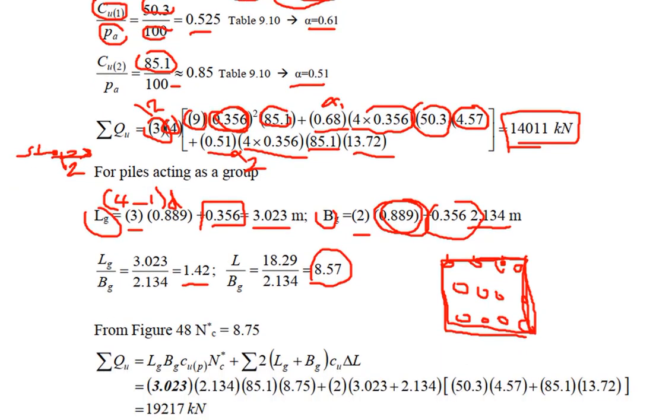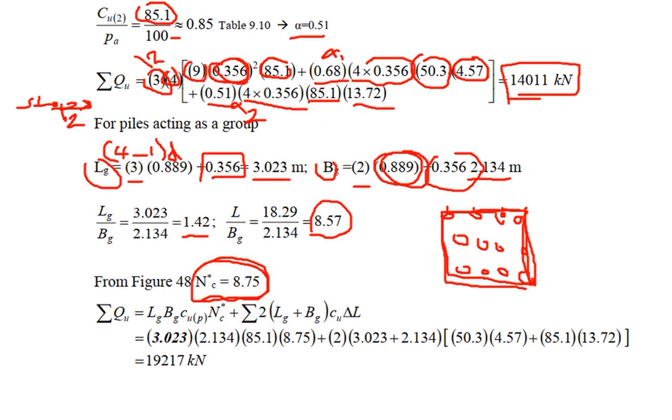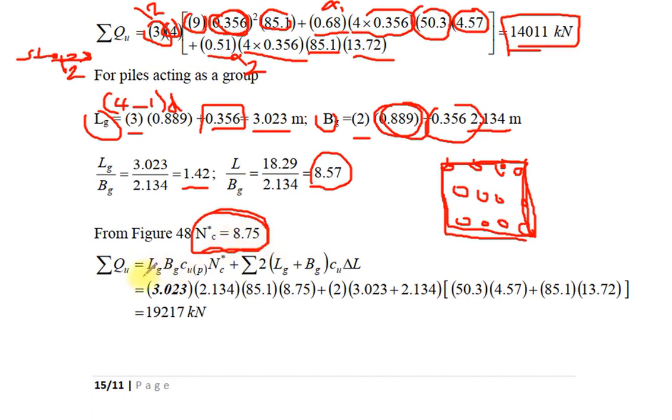Therefore NC also equal to 8.5, approximately equal to 8.75. Now replace this value in the equation of block shear failure.